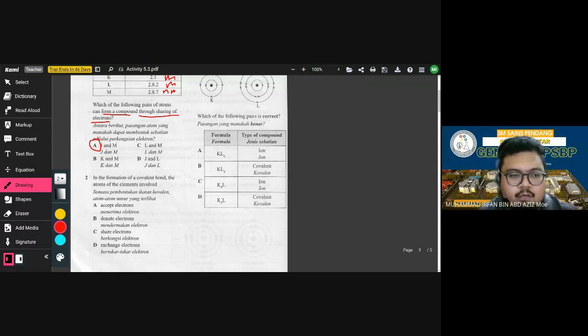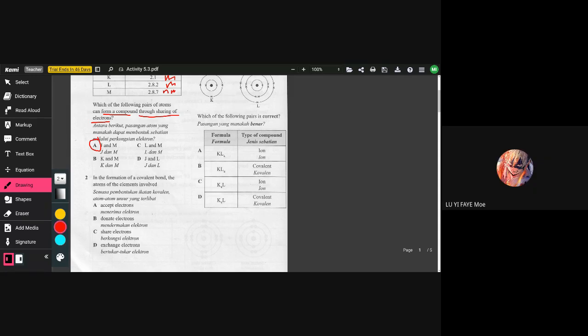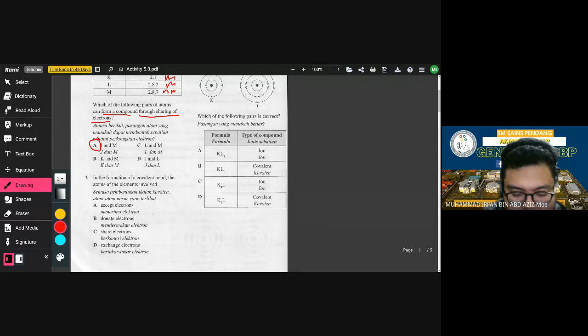In the formation of covalent bond, the atoms of the elements involved, apa yang dia buat? Share electron. Share lah. Okay, soalan 1 tu dia dah bagi dah dia punya answer.